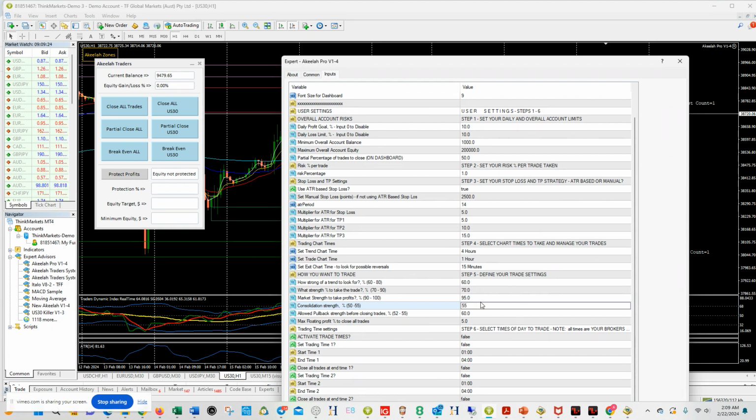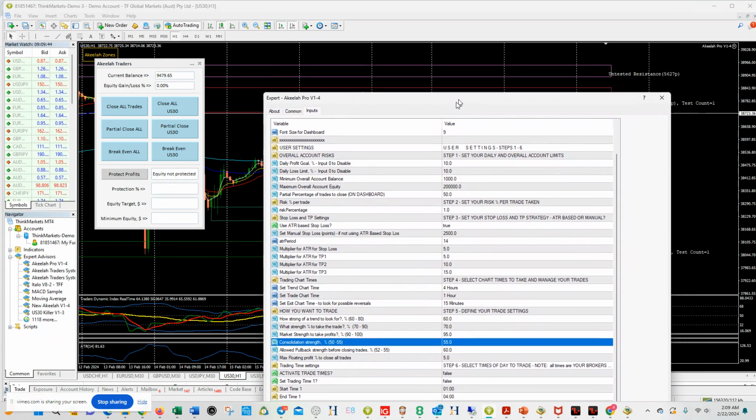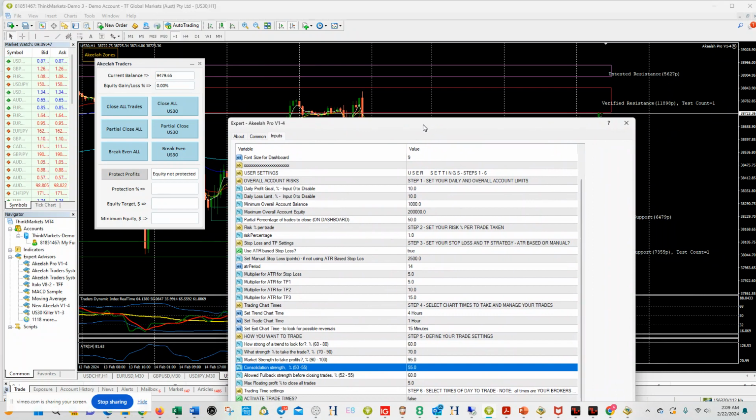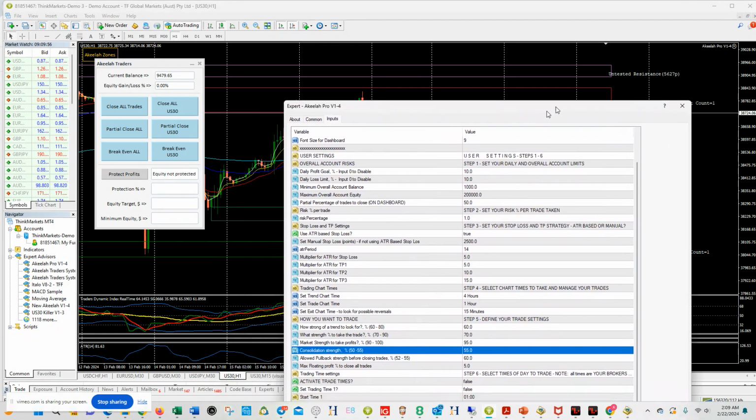If the trade time that I'm on, which in this case would be 1 hour, starts consolidating and the overall strengths on the 1 hour stay below 55%, and again, you can change it to whatever you want, if it does that for a significant number of candles, then it will be classified as consolidating. And if I'm in any open trades, the system will automatically close those trades and say, let's just wait for a better opportunity to get into the market.